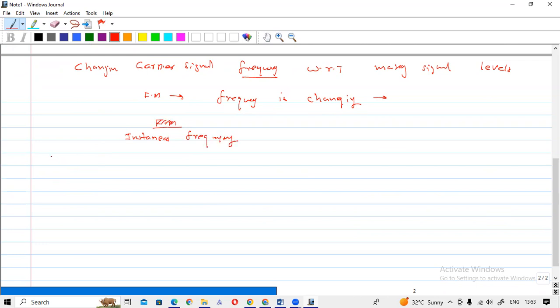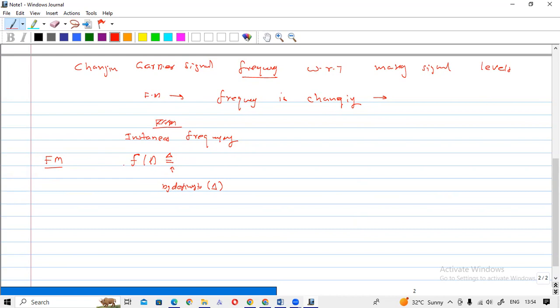The instantaneous frequency of the FM signal we can define as f_i(t). We put this mark also, which means by definition; this delta mark emphasizes that it is by definition.